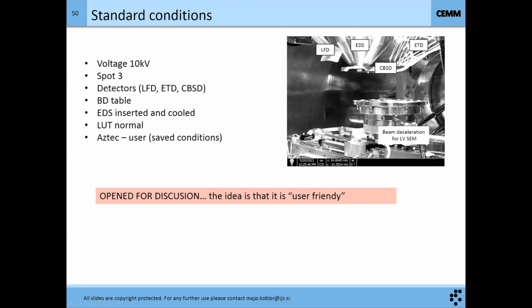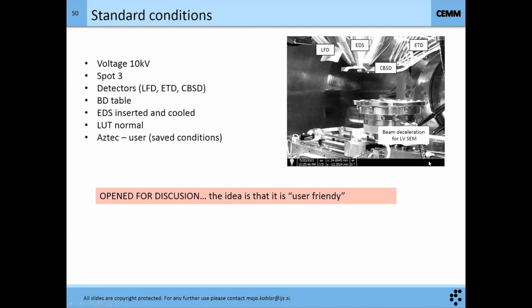What is really necessary is, if you take any detectors out, put them back in, and the beam deceleration table, the EDS is inserted and cooled, and put the lookup table on normal. If you apply brightness and contrast on your images, put it back to normal, because some users are not used to changing that.